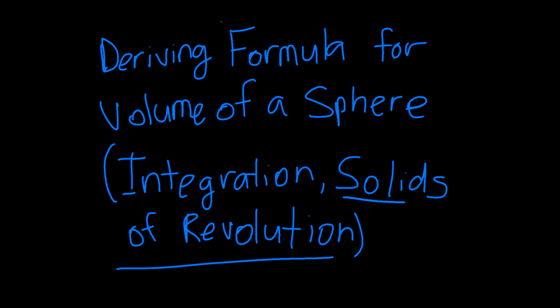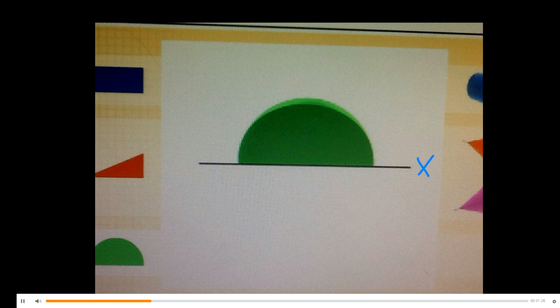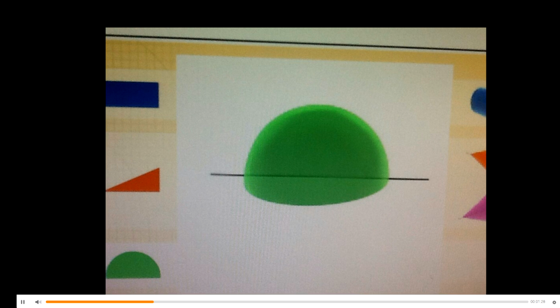Now, many of you may find this hard to picture in your mind, so I have some pictures here. Here we just have a basic semicircle. Now you can see that the semicircle has started its revolution about what we'll call the x-axis. I'm hoping you're starting to see how this is going to become a sphere.